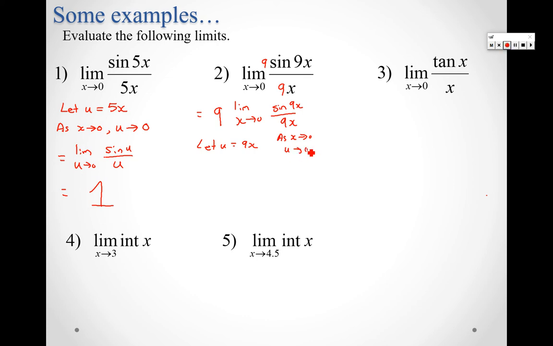I just sub that in and go, okay, I'm still going to have the same limits as I did before. Yeah? That can change sometimes. Don't assume these are going to be the same. It can change. It just hasn't changed yet. So what I get here is, and I see a question coming, so let me just write this all in here. Limit as u approaches 0, sine u over u, and I'm ready to finish this question off. I only need 2 more lines. Question?